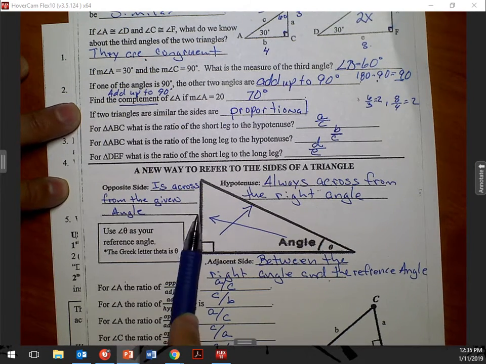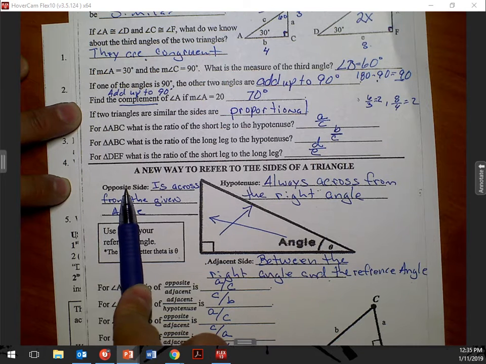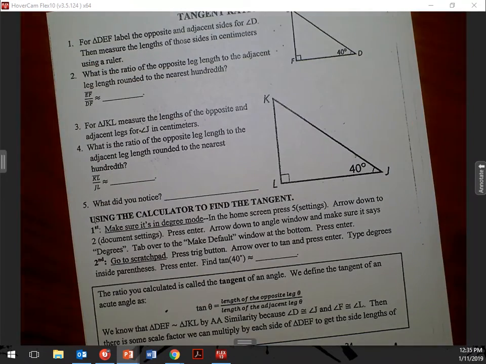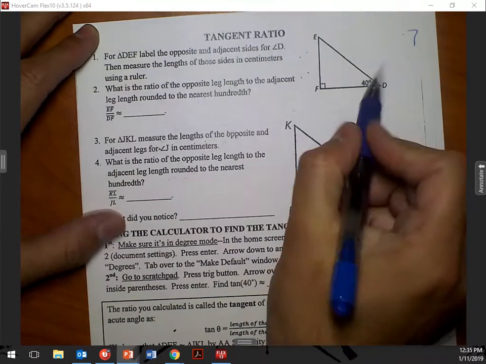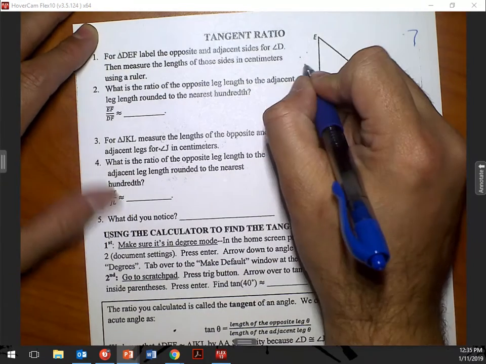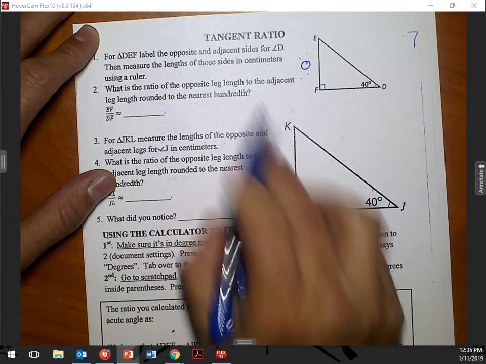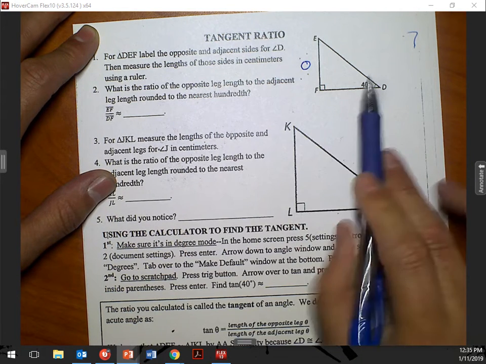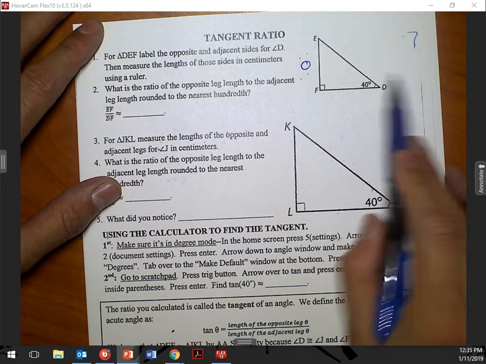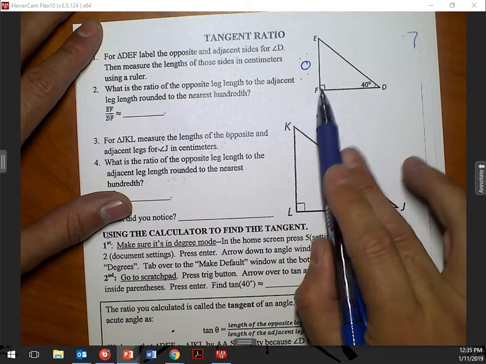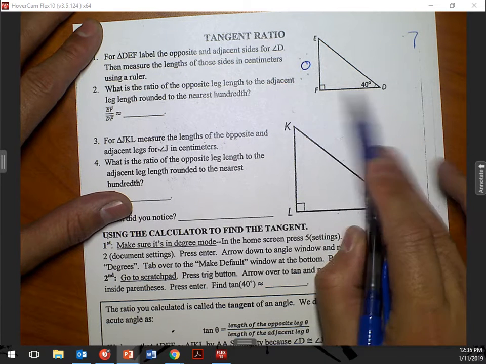This one over here is the opposite. If it's across from your reference angle, that means it's the opposite. So this is opposite, and I'm going to put an O here. Which one's going to be adjacent? DF or FD, the bottom one, right?